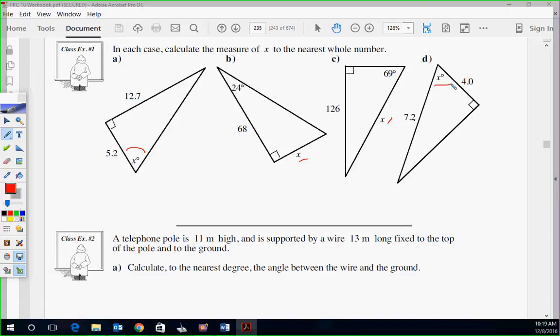So the next thing you have to do is, what information do I have? For this angle, I have the opposite side and the adjacent side. So that means tan of 12.7 over 5.2. Opposite over adjacent, TOA.